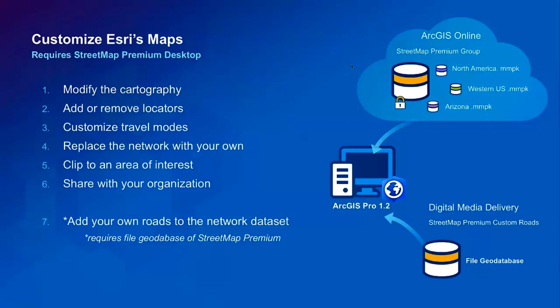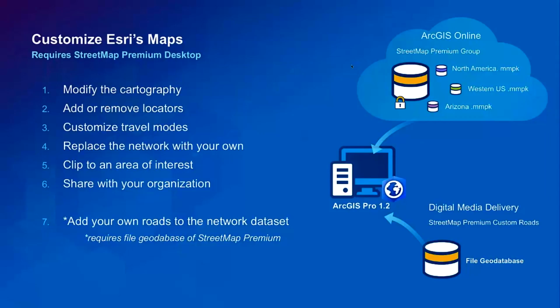You can replace the network with your own. So if you want, you could build your own transportation network using Network Analyst, your own map, package it and deploy it. Or you could take our StreetMap Premium data with an additional licensing to get a file geodatabase version of it and pour your own custom roads directly into it.